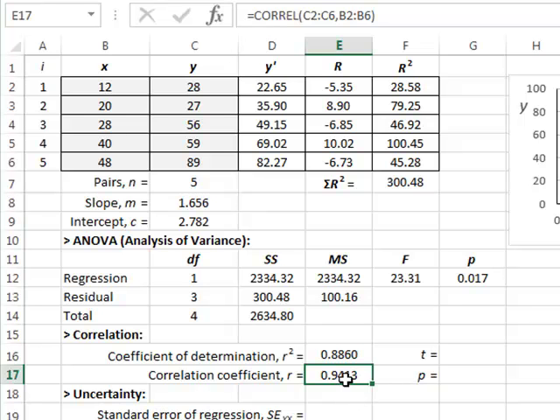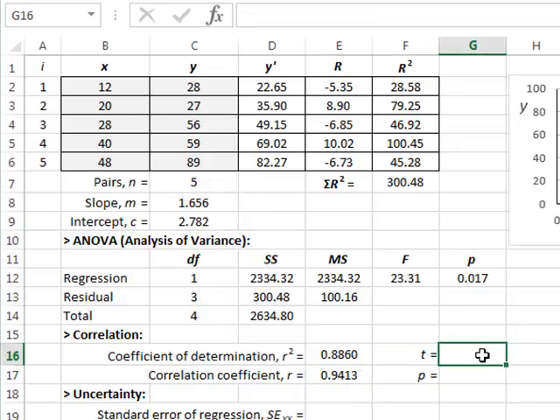We can now perform a hypothesis test to test whether this correlation coefficient shows a true correlation or whether the non-zero value has occurred by chance. And we first calculate a t-value in G16 by using the equation which we have here in the function bar.